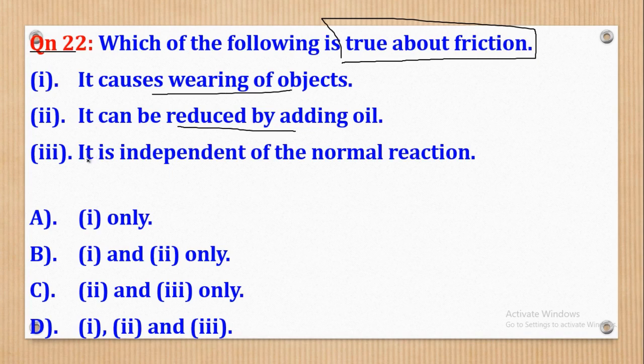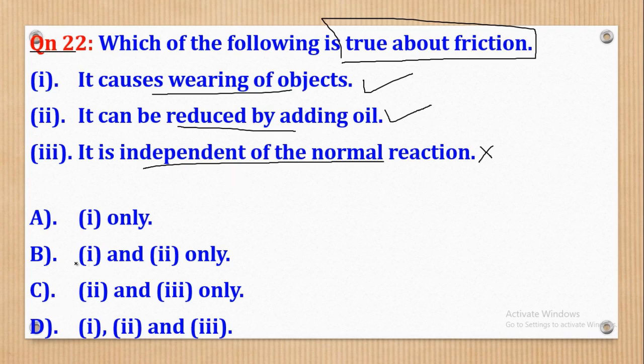Roman 3, it is independent of normal reaction. This is not okay because friction depends on normal reaction. It is only independent of the area of contact. But Roman 1 is okay because it is true that friction causes wearing of objects, and Roman 2 is also true because friction can be reduced by adding oil.